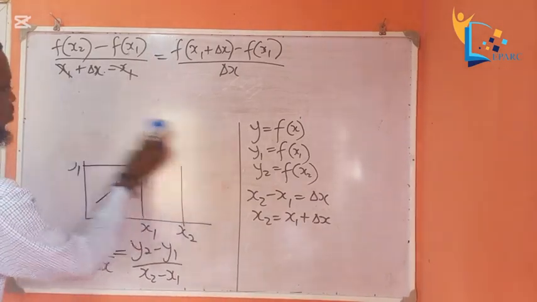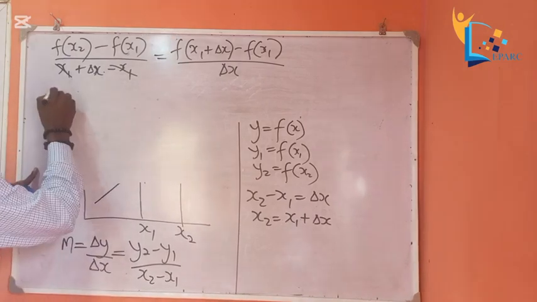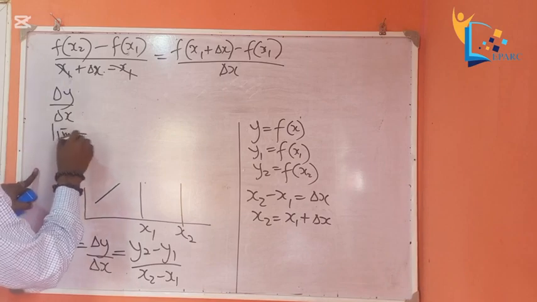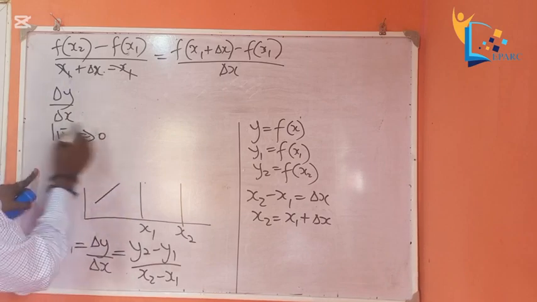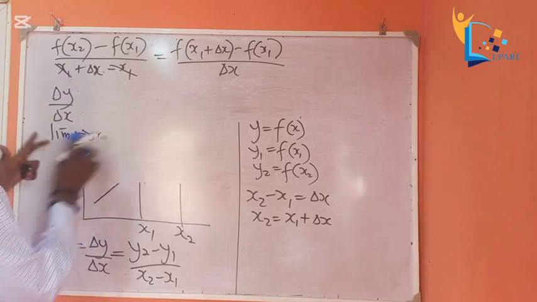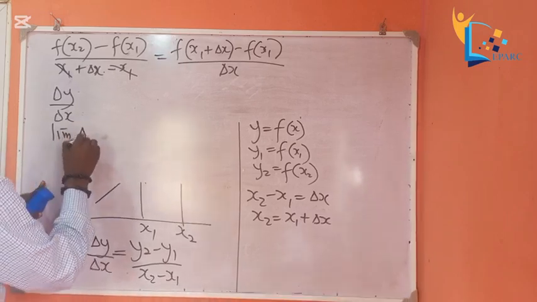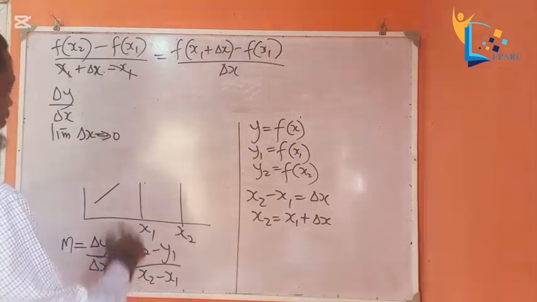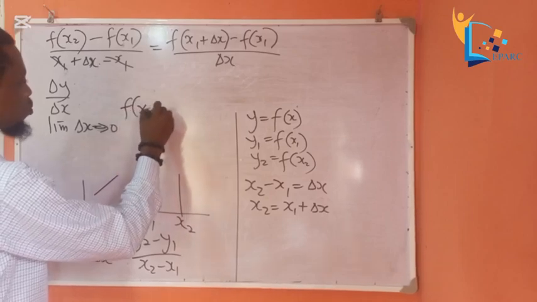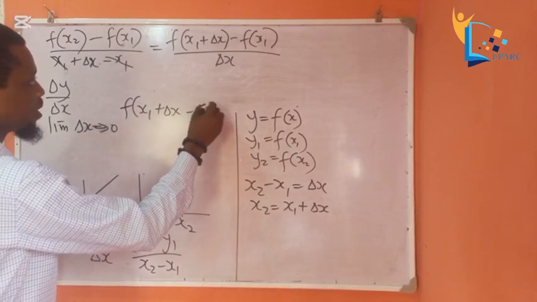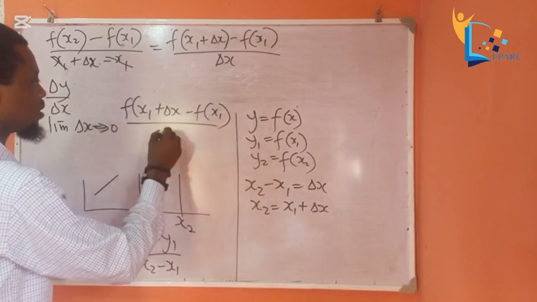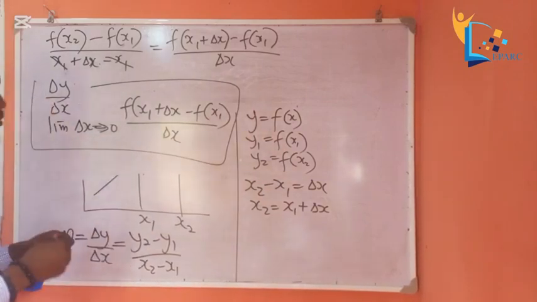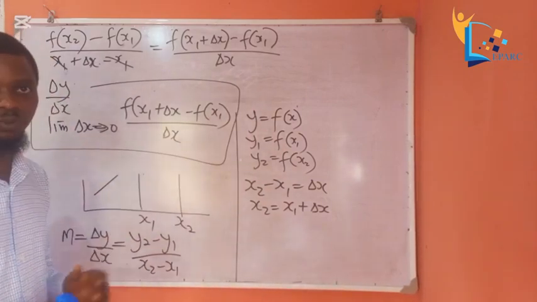So dy/dx, when the limit is set at 0, when the change in X tends to 0, is f of X1 plus dx minus f of X1 all over dx. So this is the formula for finding a derivative from first principles.